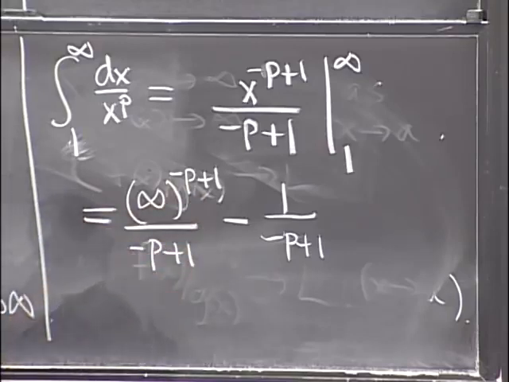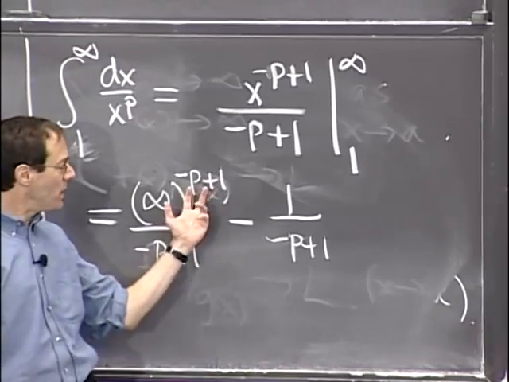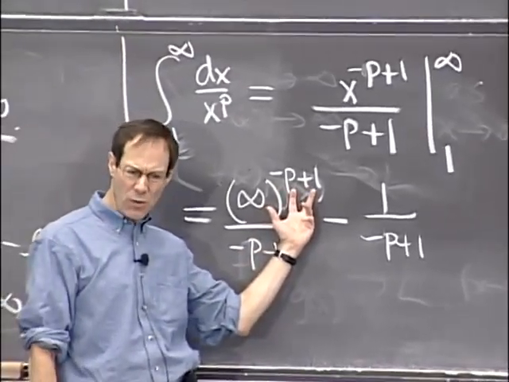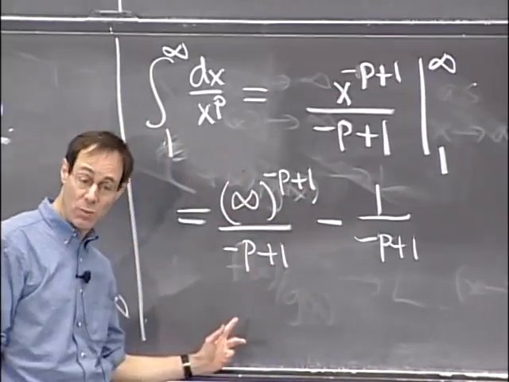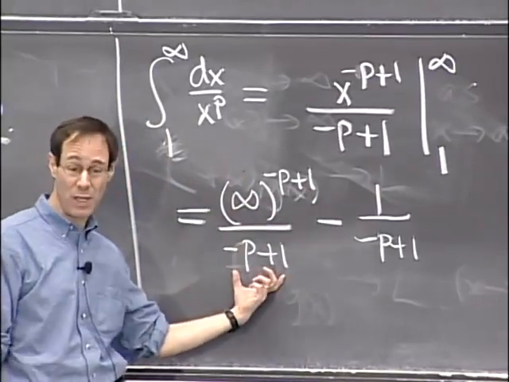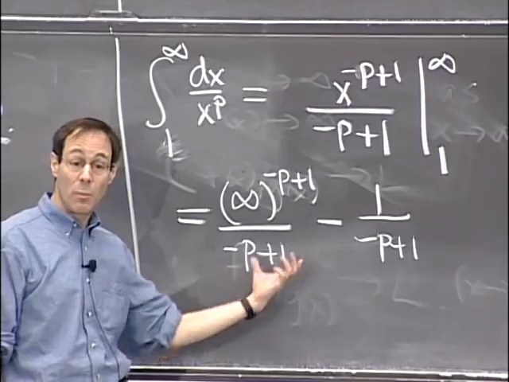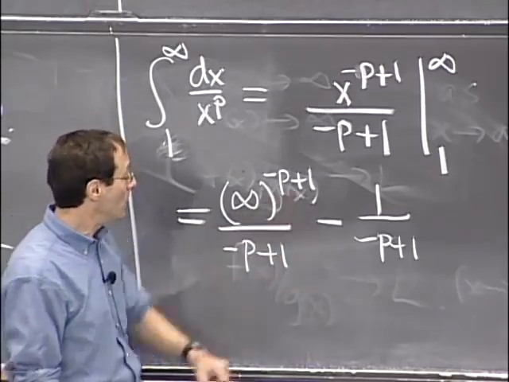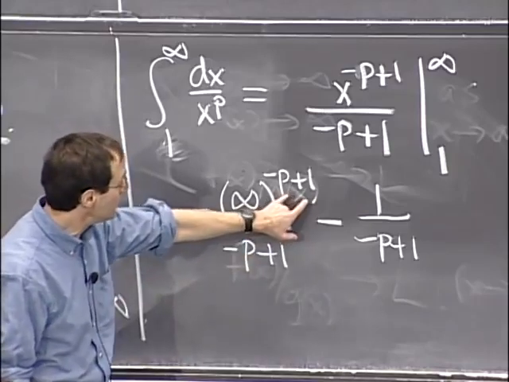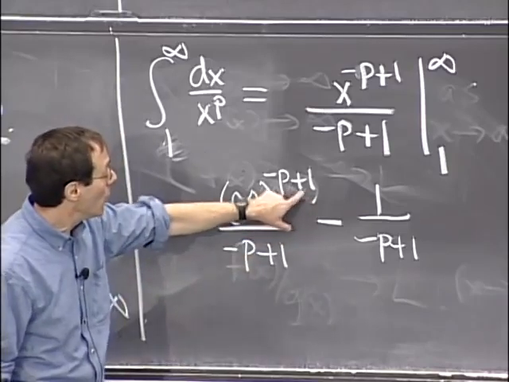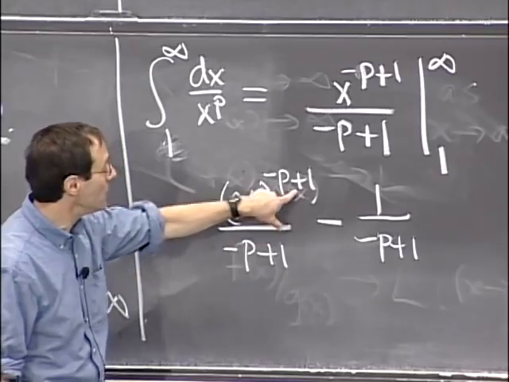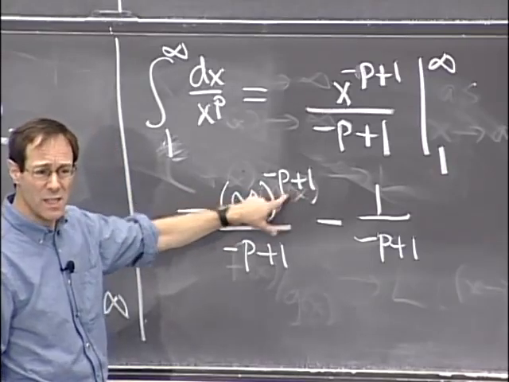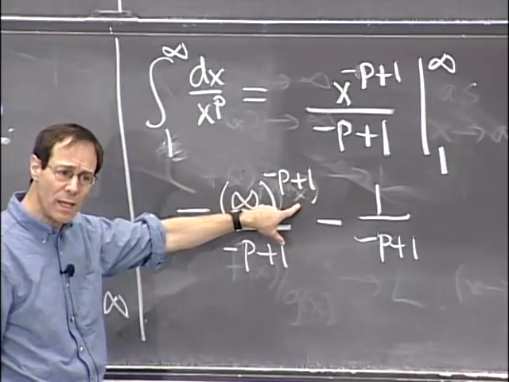Now, there are two cases. And they exactly split at p equals 1. When p equals 1, this exponent is 0. And in fact, this expression doesn't make any sense because the denominator is also 0. But for all of the other values, the denominator makes sense. But what's going on is that this is infinite when this exponent is infinity to a positive power, and it's 0 when it's infinity to a negative power.